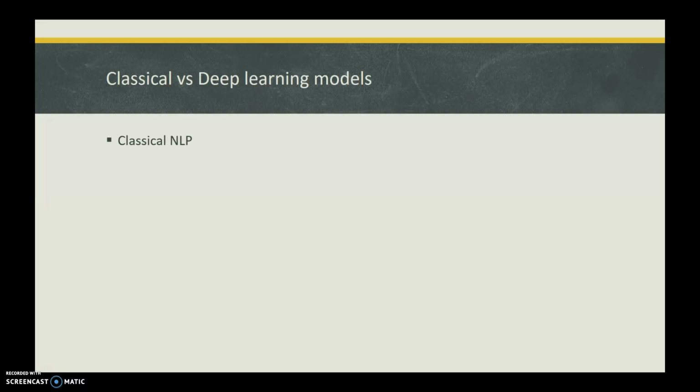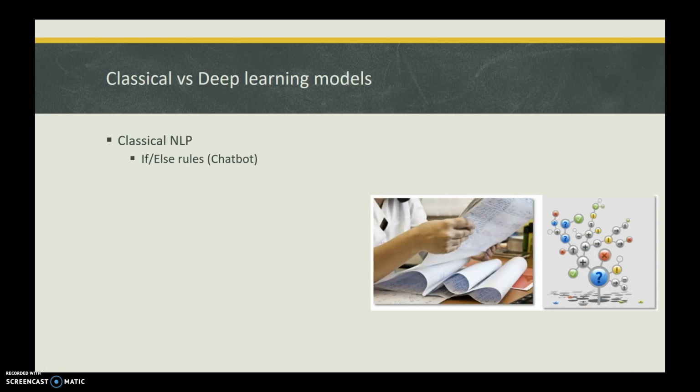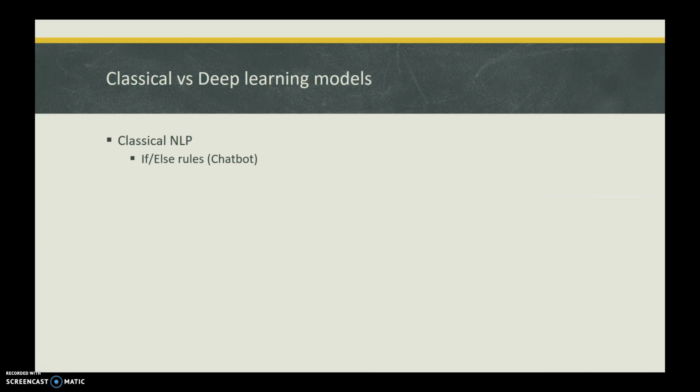So, what is classical natural language processing used for in the real world? For this model, a chatbot uses if-else rules like a decision tree to decide its answer. In speech recognition, we have audio frequency component analysis.